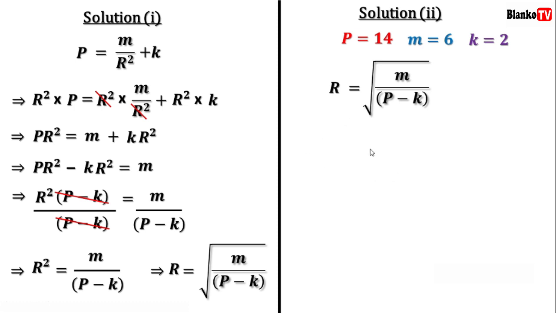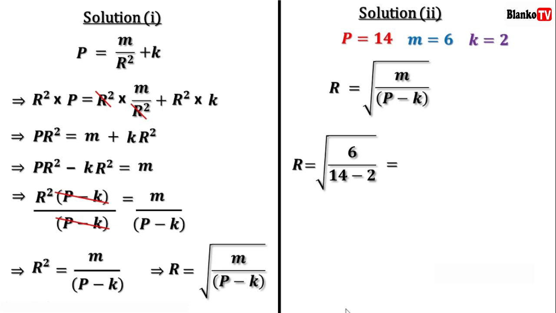I hope you are following it. Okay, so we have r equals the square root of 6 over 14 minus 2. m is what? 6. P is what? 14. And then k is what? 2. Okay, and we have m over P minus k. So 6 over 14 minus 2.